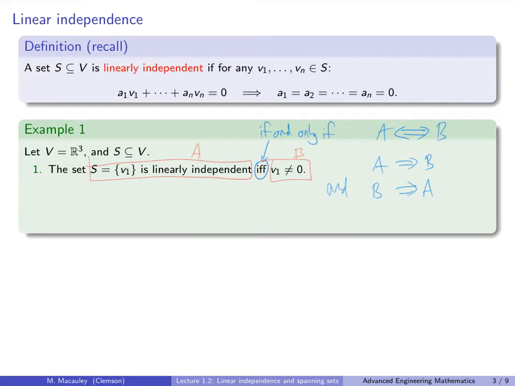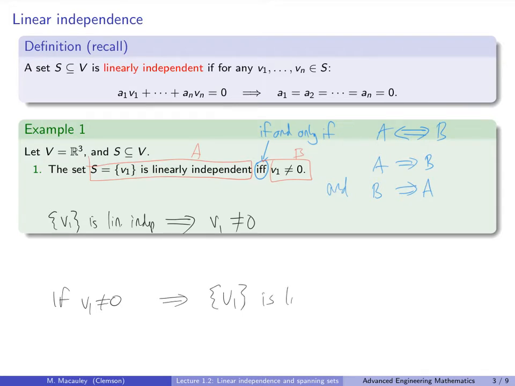Well, that means if this single set is independent, so if v1 is linearly independent, then v1 is non-zero, and conversely, if v1 is non-zero, then this set containing just v1 is linearly independent.